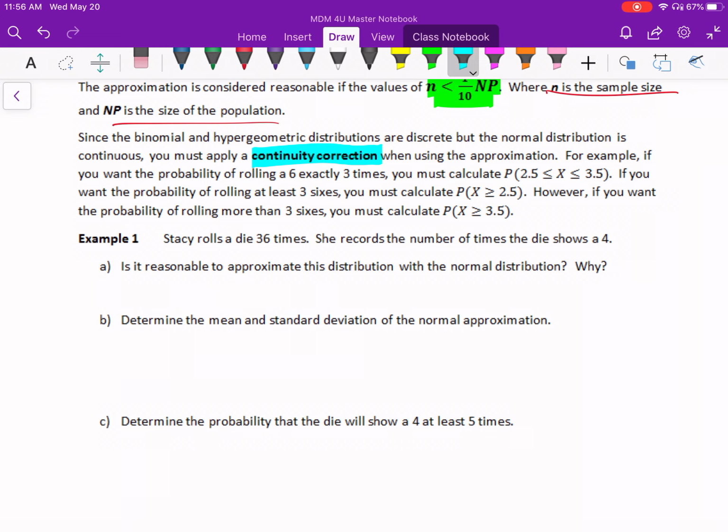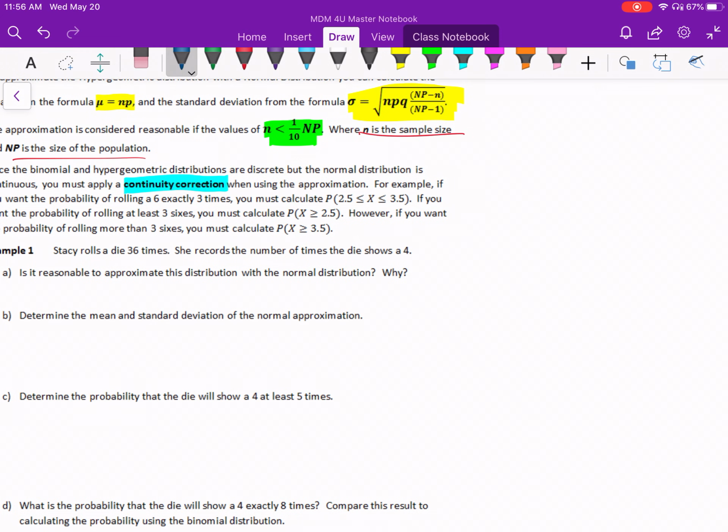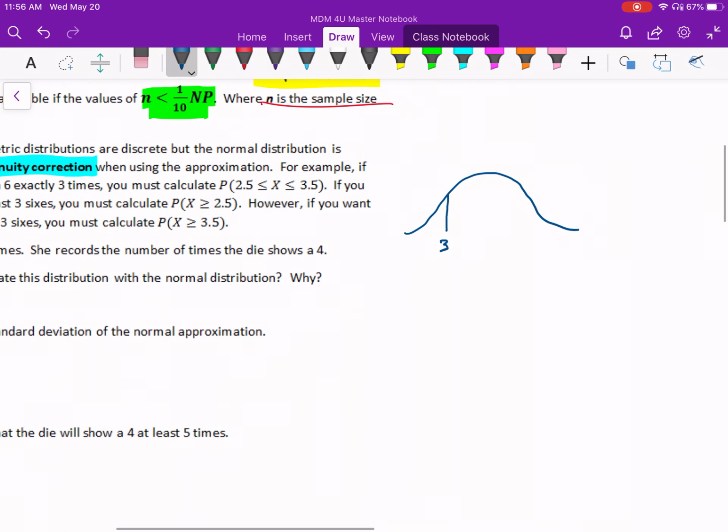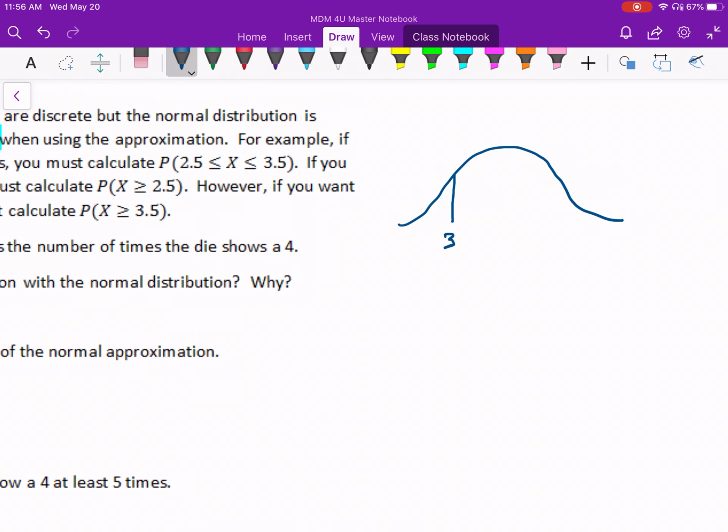If you can imagine the graph, in fact, you don't have to imagine it, let's draw it right now. Imagine that rolling a 6 exactly 3 times came here on a normal distribution. Remember, I'm imagining that I've rolled a die 10 times overall, so I don't know where this would actually fall, but let's pretend that it was here. There's no width to this line, right?